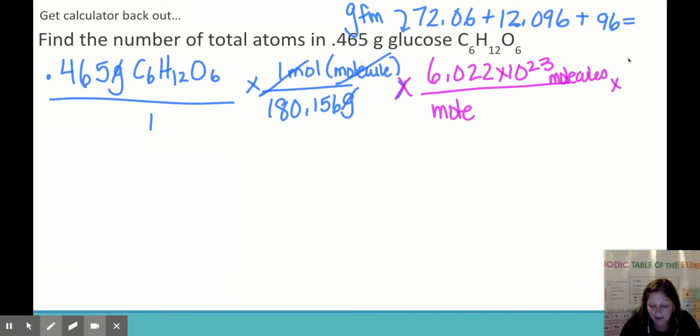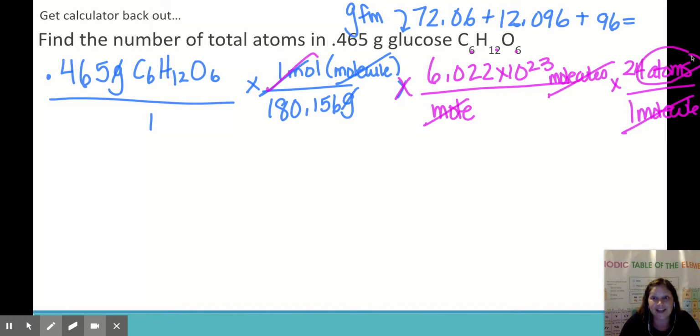And it is 6 plus 12 plus 6, 24 atoms for every one molecule. So here we have molecules canceling, we have moles canceling, and we have atoms as our final unit. And you should be doing this on your calculator. I'll wait.